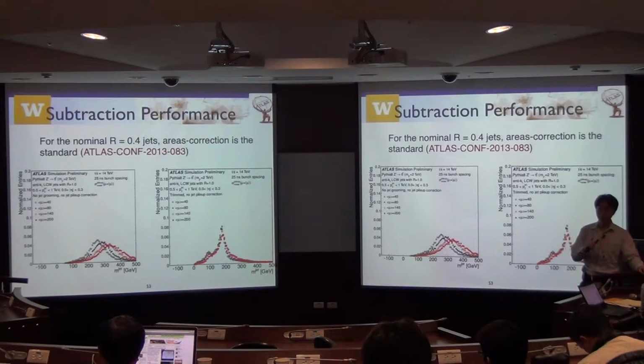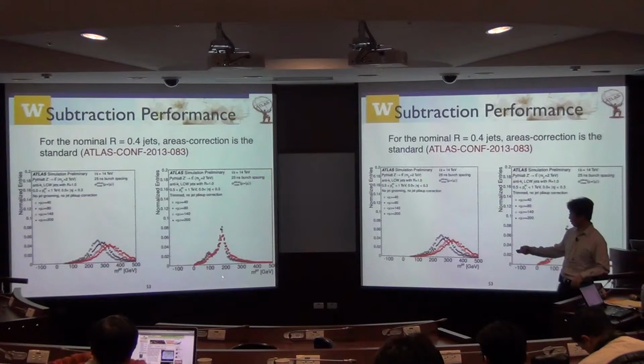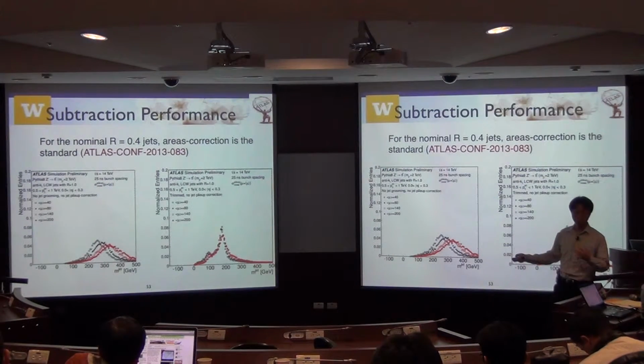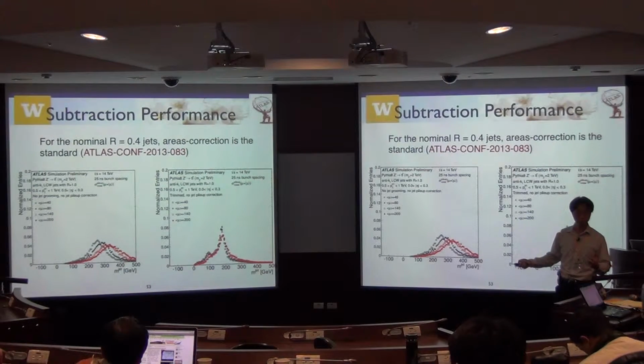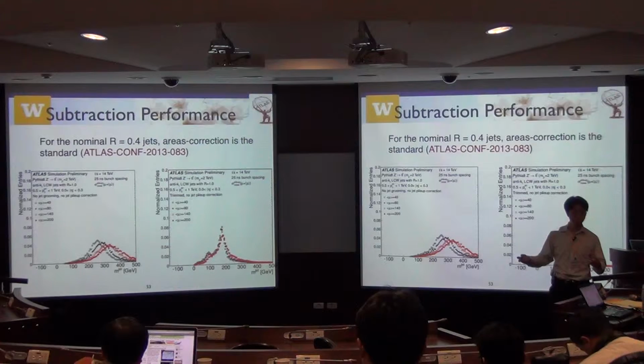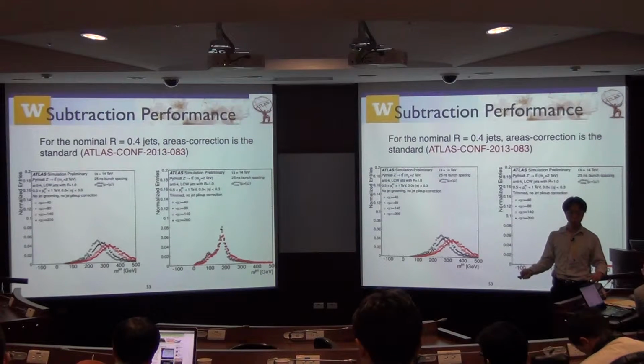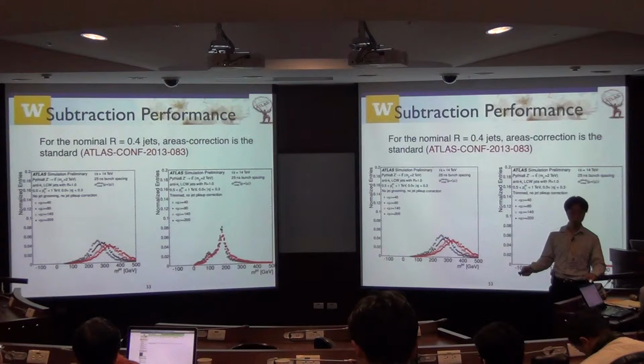So after the jet area subtraction, you can see that you significantly remove the pile-up dependence, and you basically get a nice jet mass distribution, very similar to the low pile-up case. Then you can really use this correction in order to identify whether you have a really interesting jet you want to study.